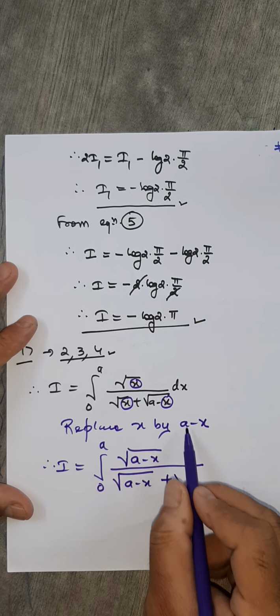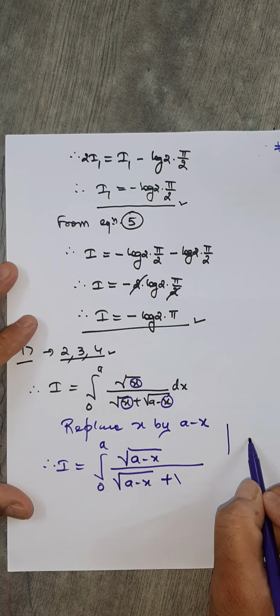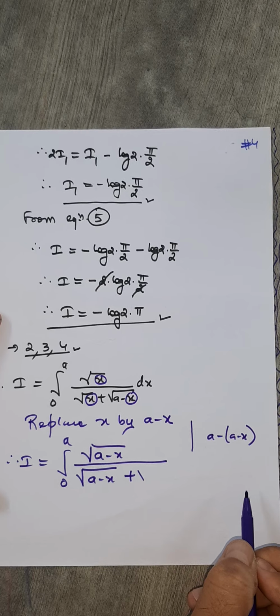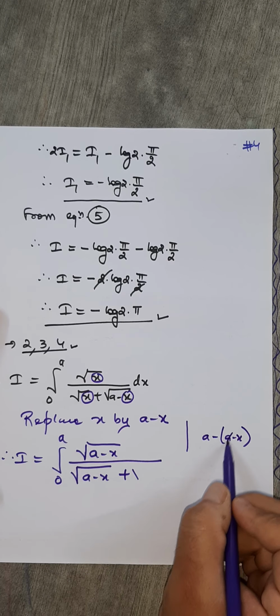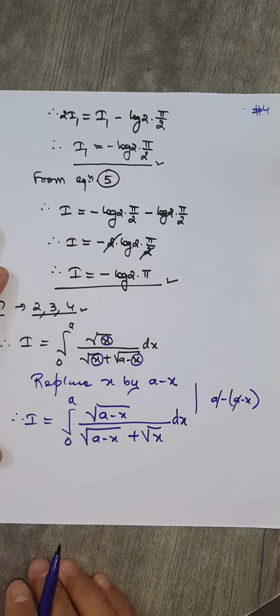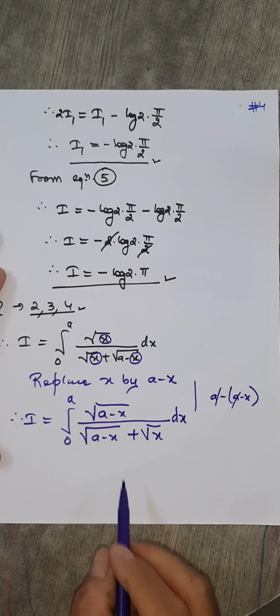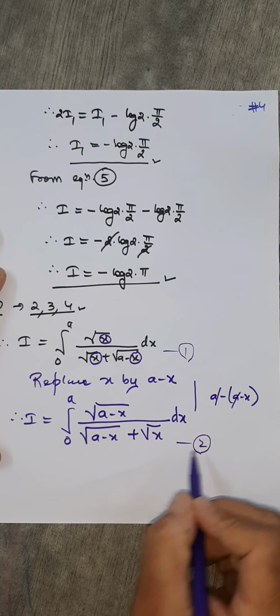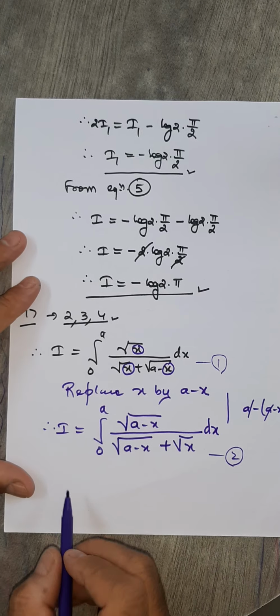You can see that just here. It's like this, a minus x. So over here, this will get cancelled. This is just root x dx. Okay, now both the denominators are same. Call this as 1, call this as 2. What we do? We just add 1 and 2.